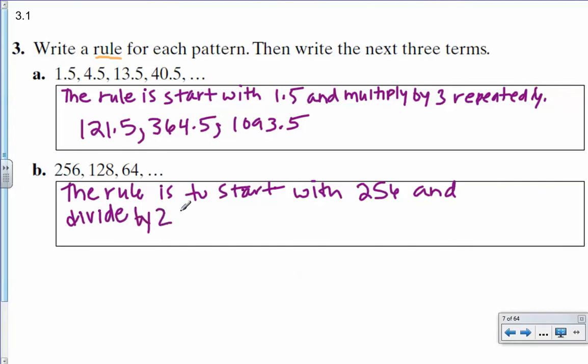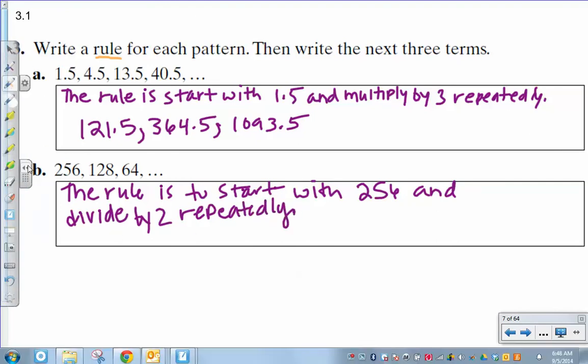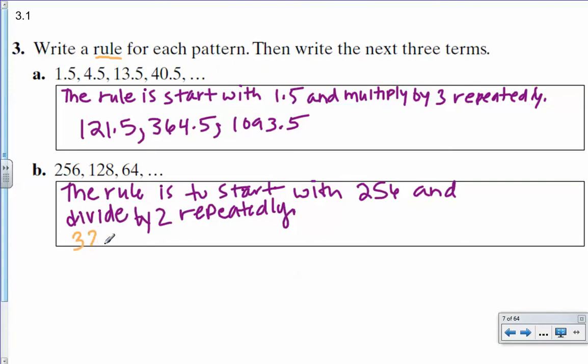Divide by 2 repeatedly. So my next 3 terms are going to be 64 divided by 2 is 32, and then we'll have 16, and then we'll have 8.